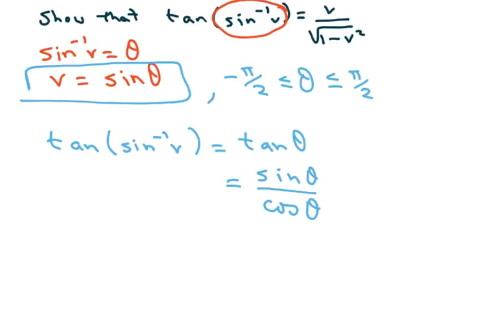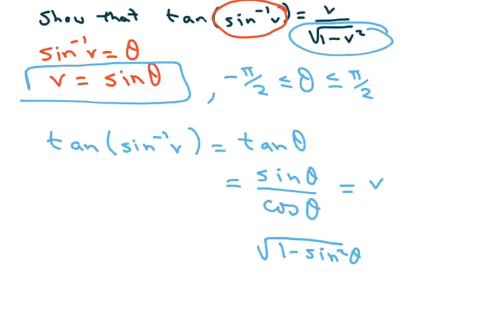We know that sine of theta equals V, and cosine of theta we can take as the square root of 1 minus sine squared of theta.